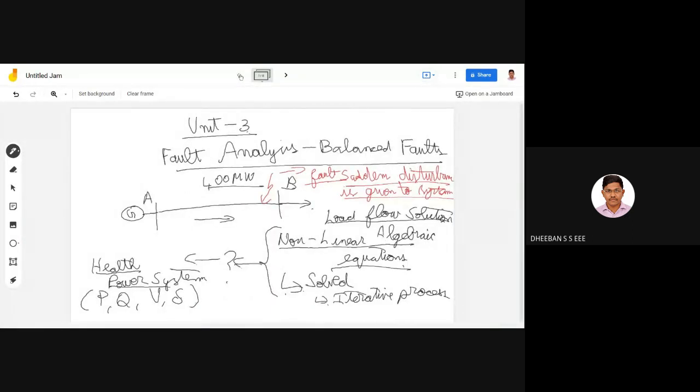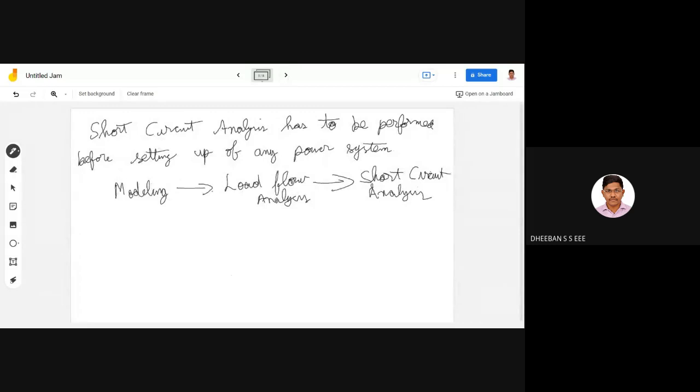After that, we'll get into short circuit analysis. In the load flow analysis we have seen how to build your Y bus or admittance matrix. I just told that the Z bus will be dealt with when you are seeing short circuit analysis. The Z bus will be covered in this unit, in the next lecture.